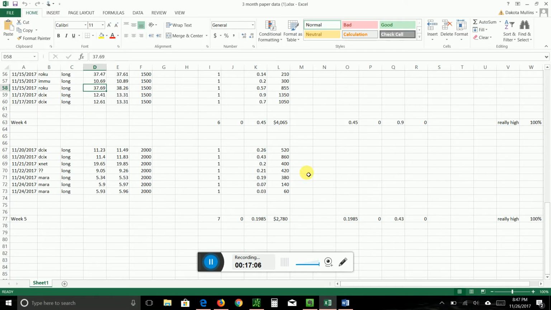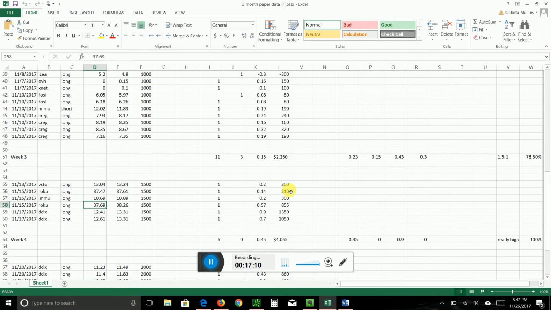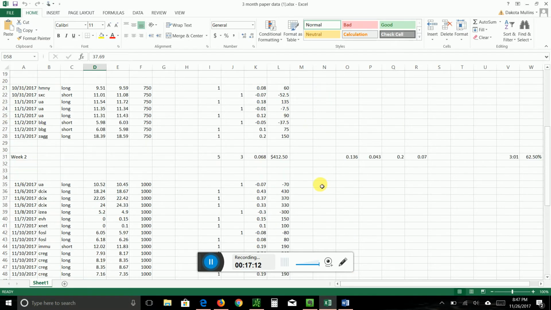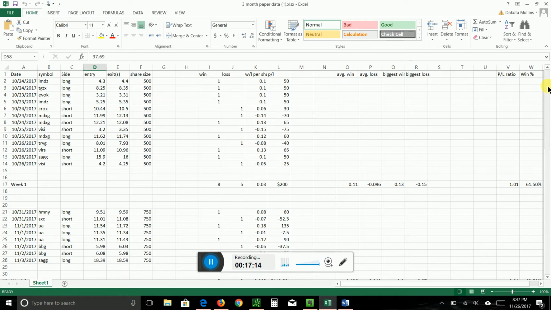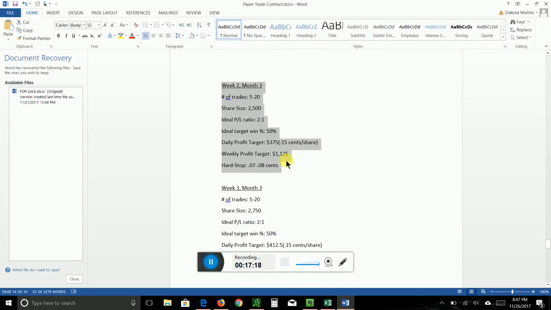I've done pretty good, done really well every other week in this contract. So, hopefully I don't stop here, but things happen and people make mistakes.